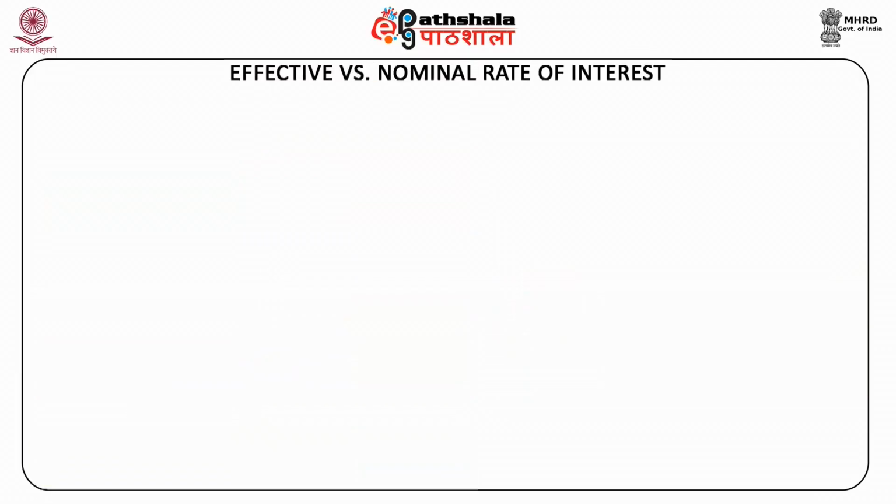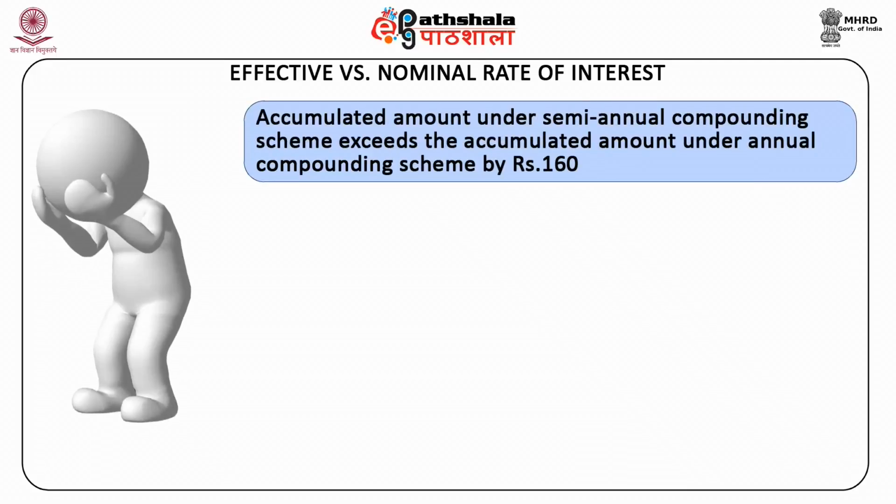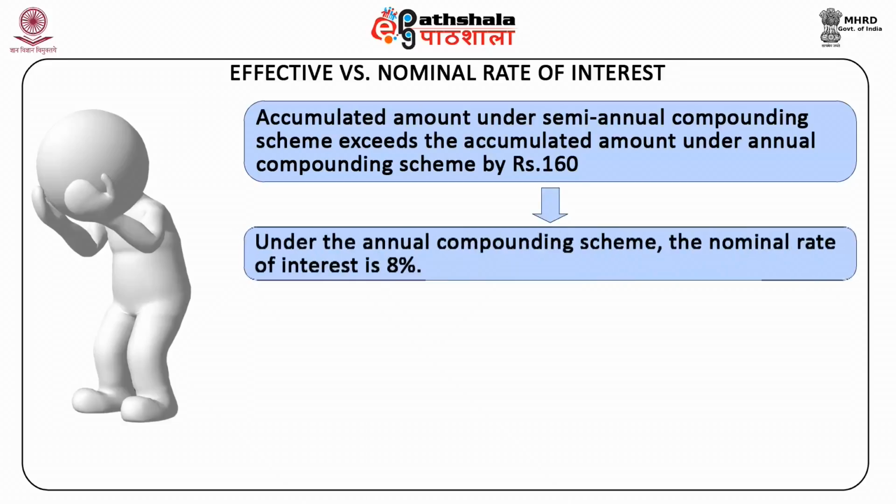Effective versus nominal rate of interest. In the above example, the accumulated amount under the semi-annual compounding scheme exceeds the accumulated amount under the annual compounding scheme by rupees 160. Under the annual compounding scheme, the nominal rate of interest is 8%.